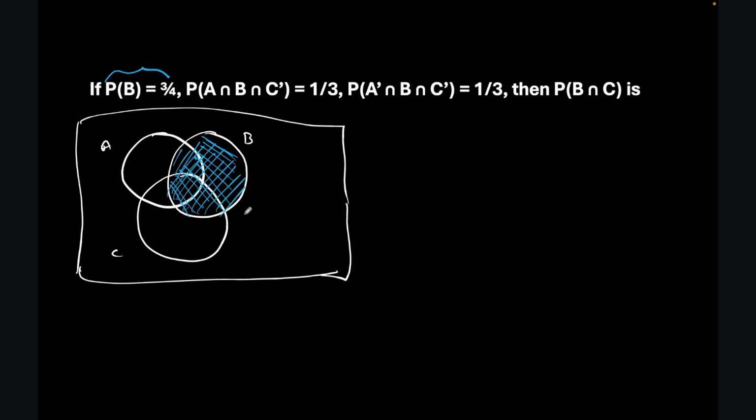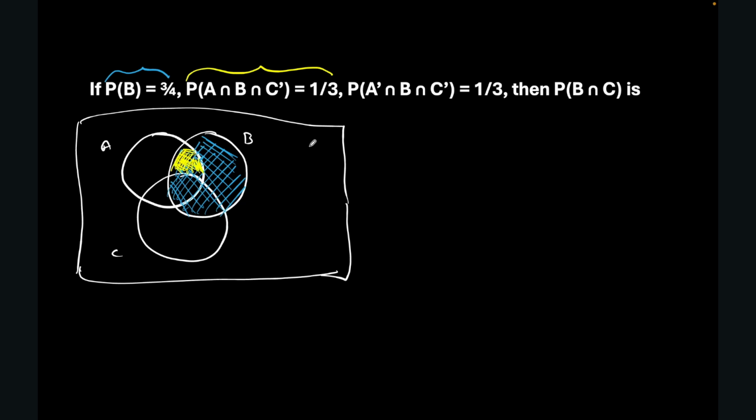Now I've been told that the probability of A intersection B not intersecting C is 1/3. Well, what is that exactly? You would think that A intersection B intersection C is this part in the middle, but now they're saying not C. So really, what they're saying is just this part.